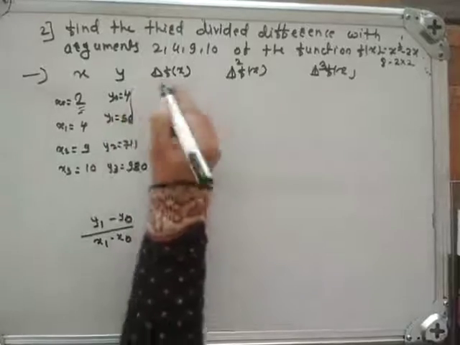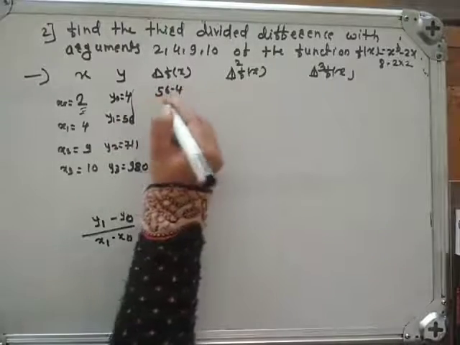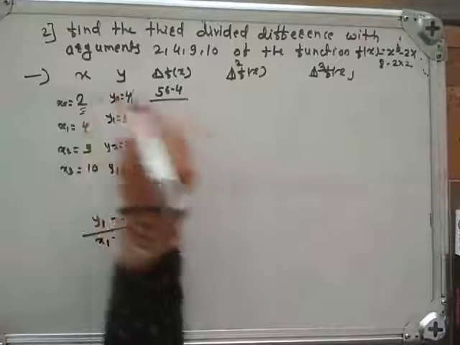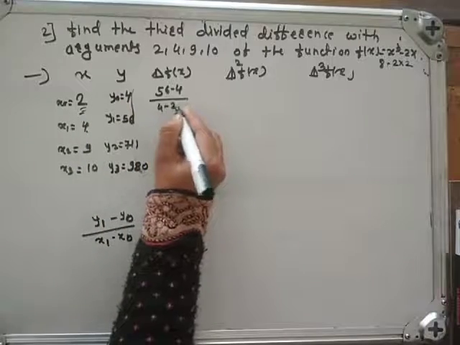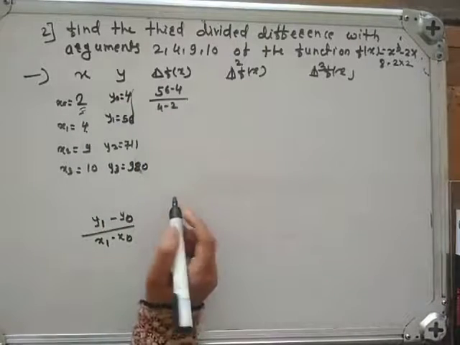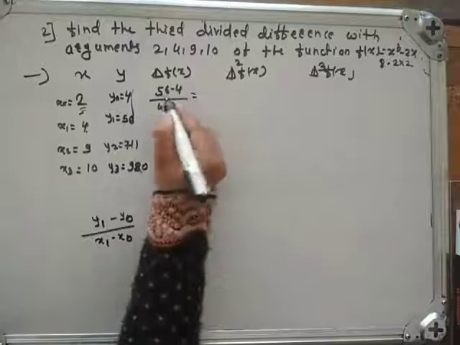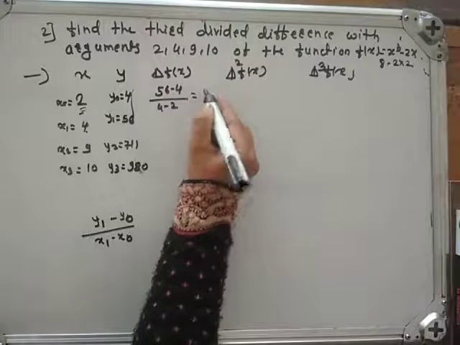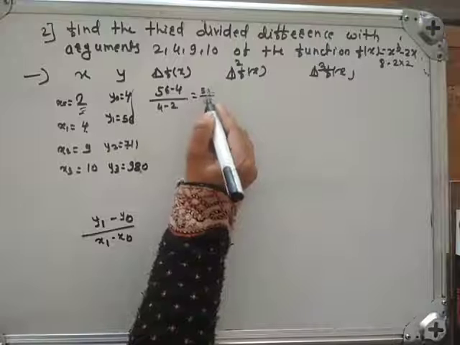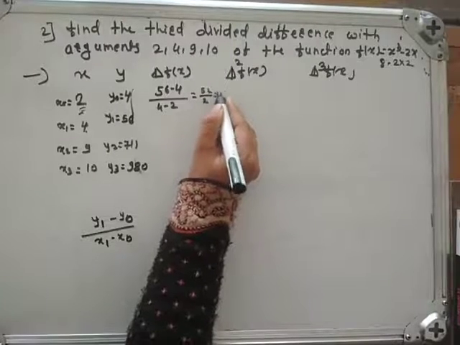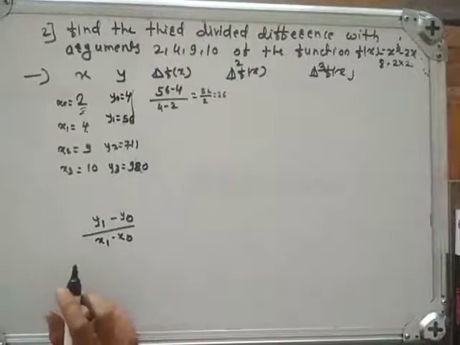So here it is 56 minus 4 upon 4 minus 2, which is nothing but 56 minus 4 is 52 upon 2, which is equal to 26.